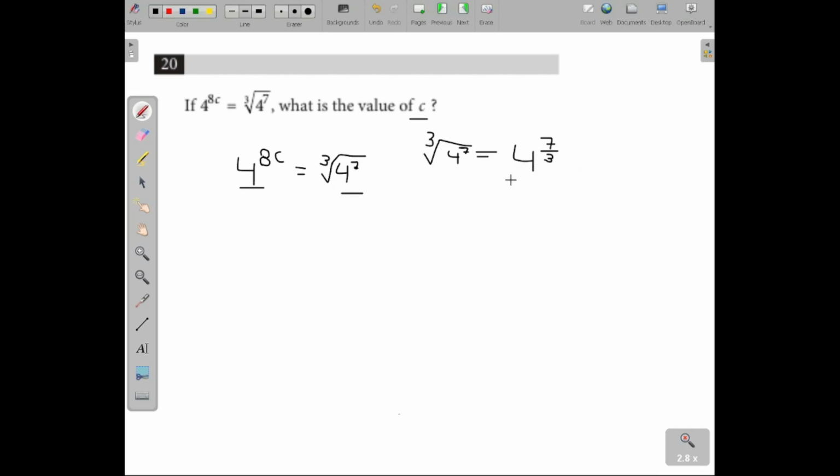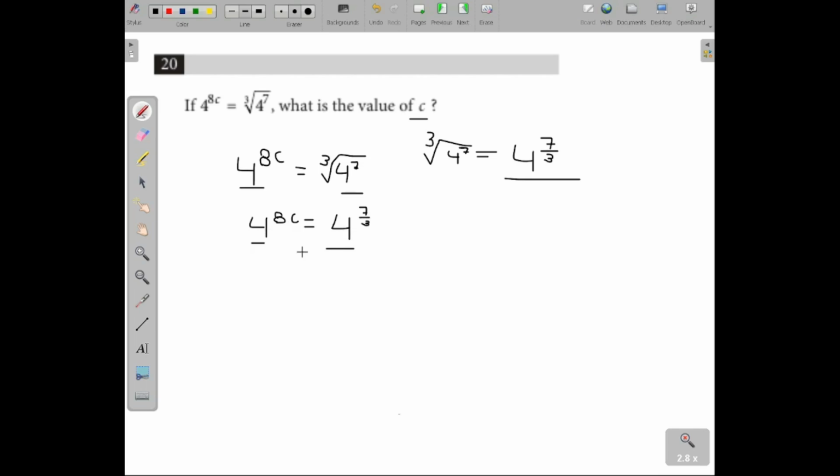So in this case, we'll get this. So 4 to the power of 8 times c equal to 4 to the power of 7 divided by 3.